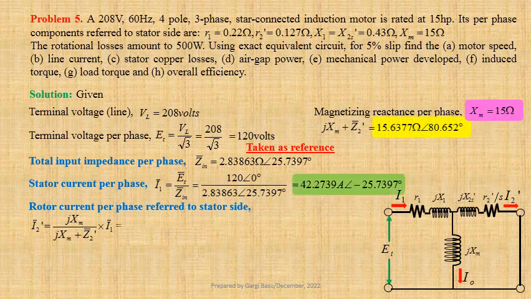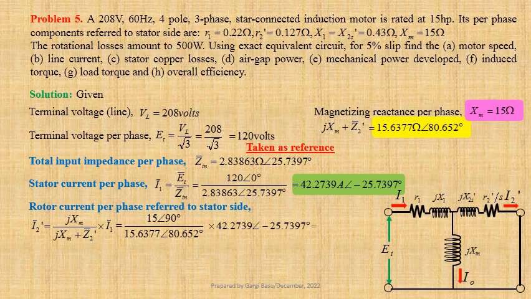Therefore, I2 dash equals 15 at an angle 90 degree divided by 15.6377 at an angle 80.652 degree into 42.2739 at an angle minus 25.7397 degree.